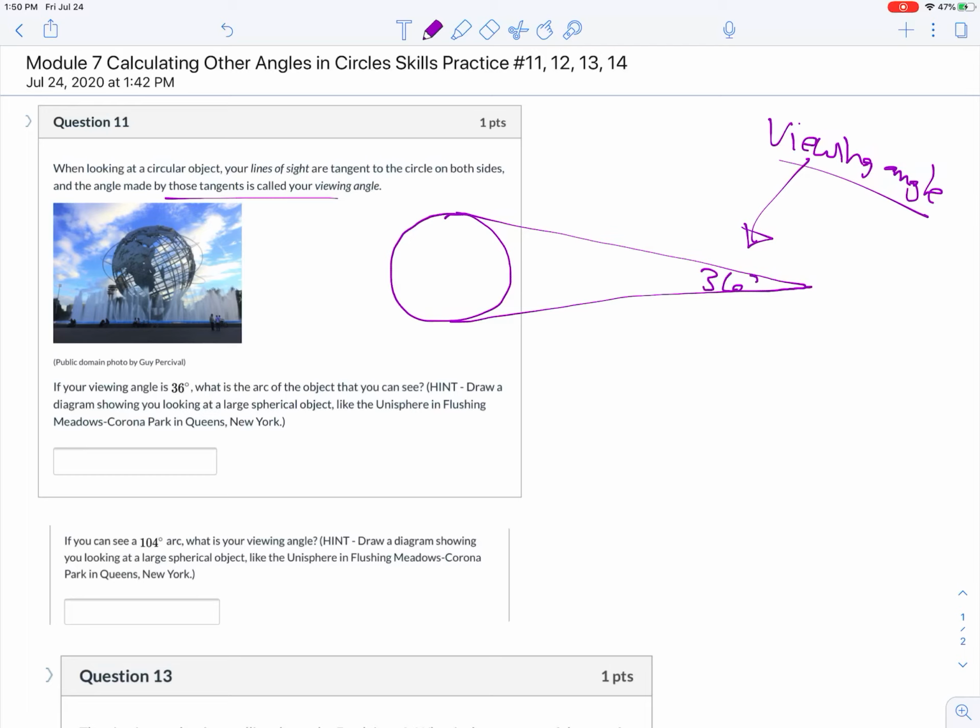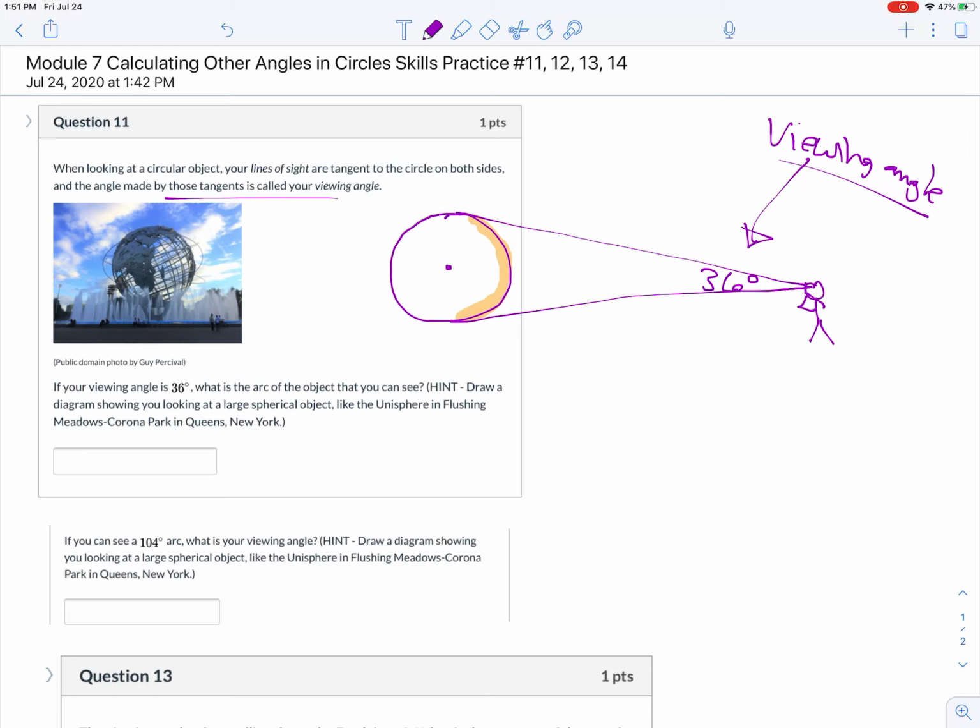If your viewing angle is 36 degrees, what is the arc of the object that you can see? So the arc that you can see, pretend like you're out here, the hint is to draw a picture, and you're viewing, there's some binoculars, and you see this part of the sphere. It's an arc. What's that angle?